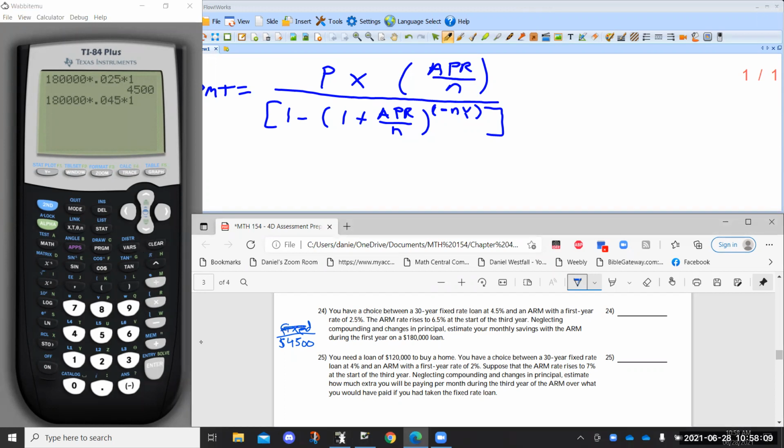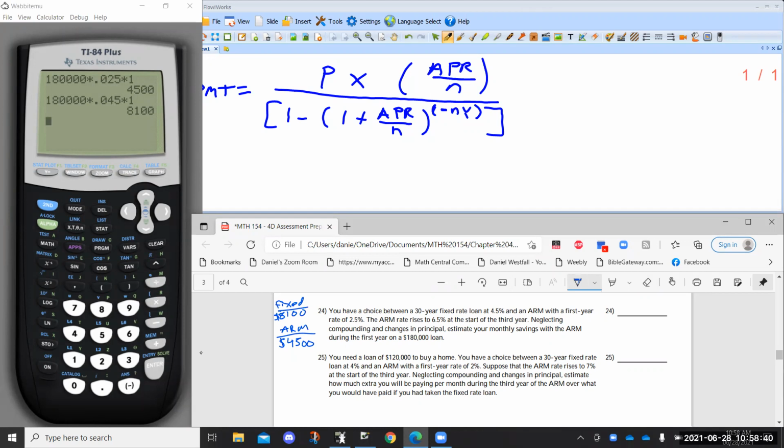This is the ARM. That's sloppy. Let me fix that. This is the ARM. So on the fixed rate, you're paying about $8,100.